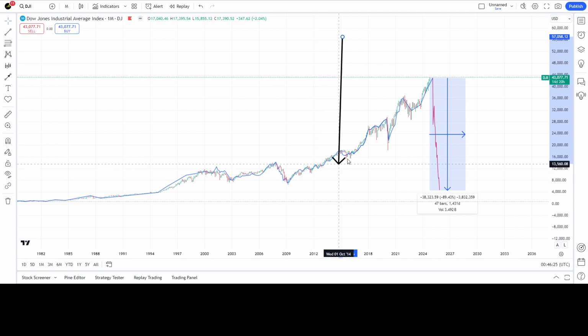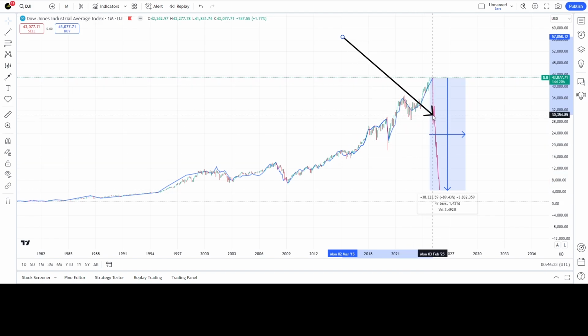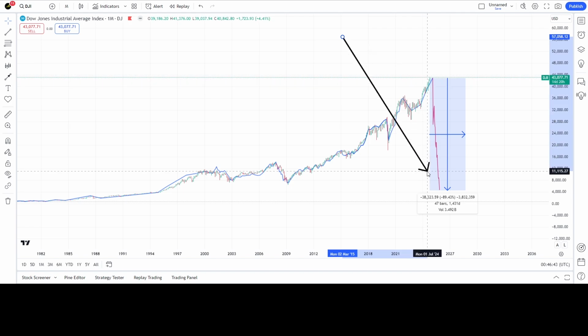However, the structure that we see printing here tends to have these sharp declines. We see that in the 1987 one. We also see it in the C19 fractal. What we have is this type of structure that leads to this type of decline. That's what the big picture is. That's what the smaller pictures are.